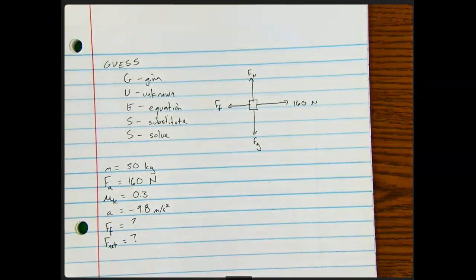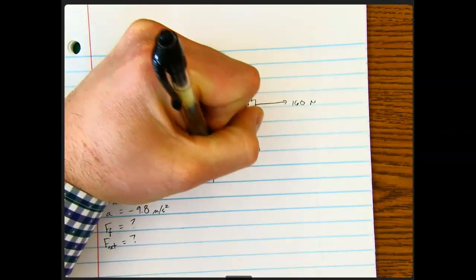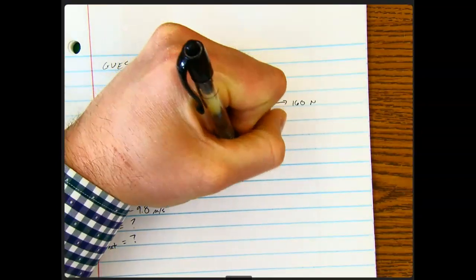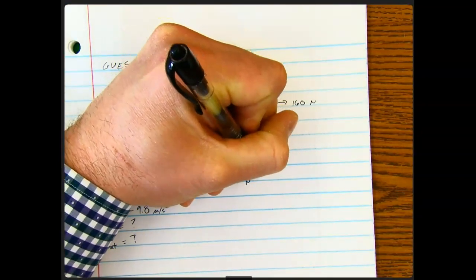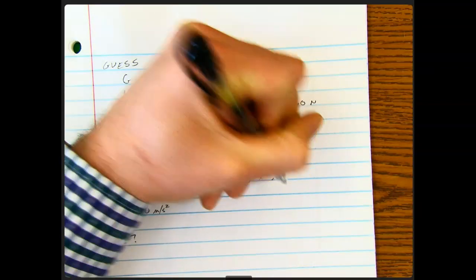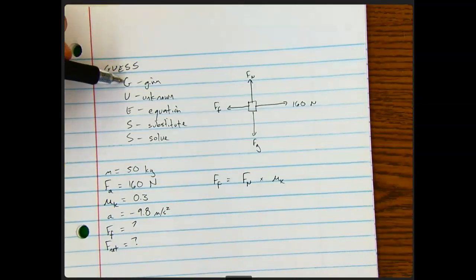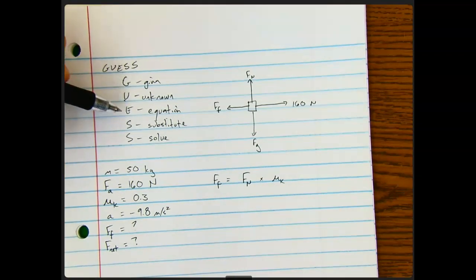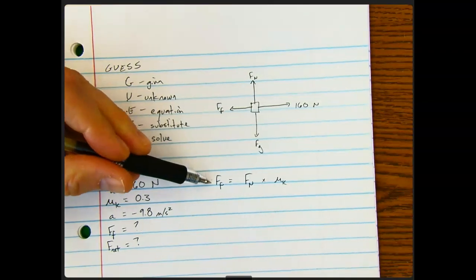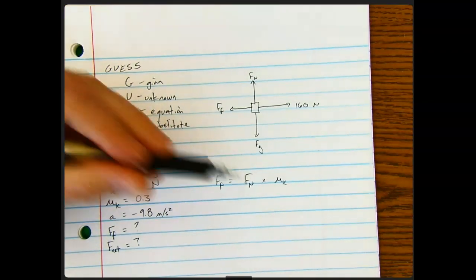All right, so if I'm trying to find the force of friction, I know the equation for the force of friction is the normal force times the coefficient of friction. So we've looked at our givens, we've looked at our unknowns, and now we're looking at equations that we could use. I know this is the equation, but I don't know the normal force.